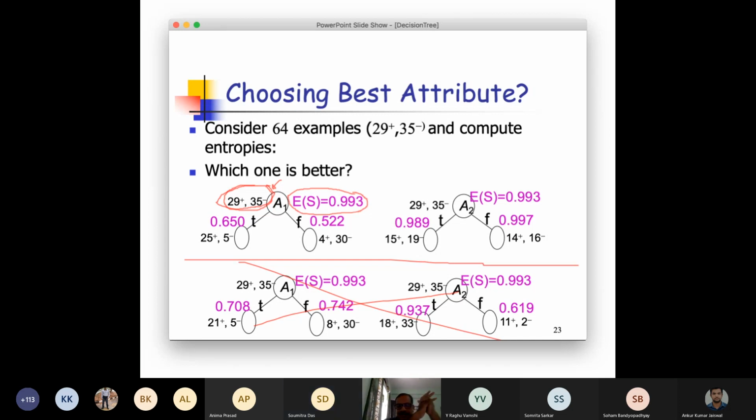Yes, sir. How do you say? Because it has to be between 0.650 and 0.522. How could the average of 0.650 and 0.522 be 0.993? So it is not true.